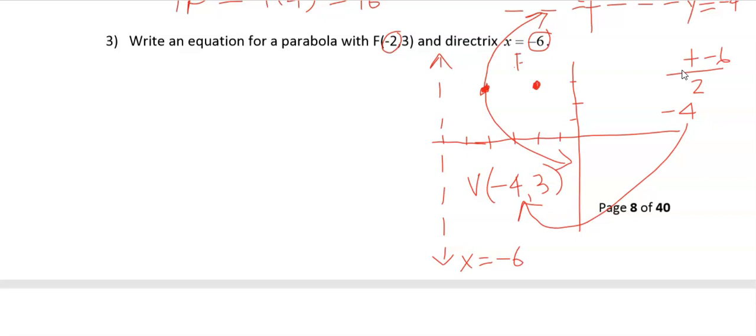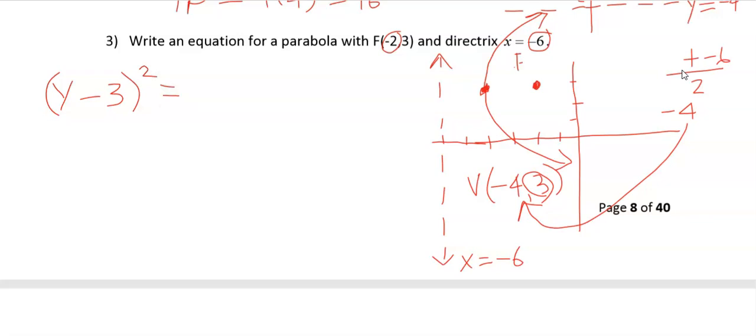So my equation this time is going to be y. Now, what's the y-coordinate of my vertex? Right there, look, +3. So this is going to be (y - 3) squared is equal to, this is how it's going to start. Now look carefully at what the value of p is.